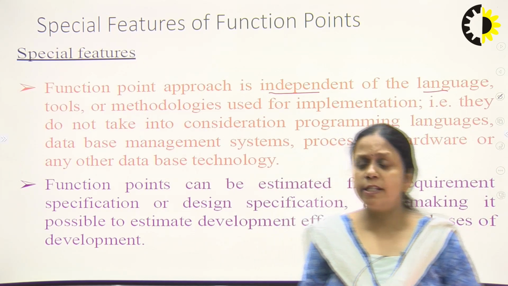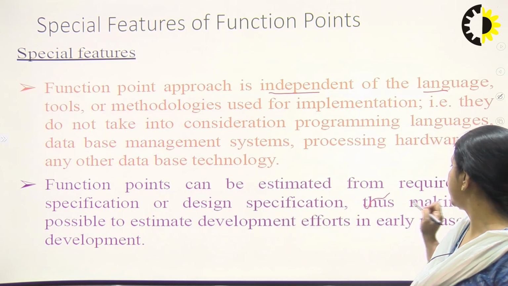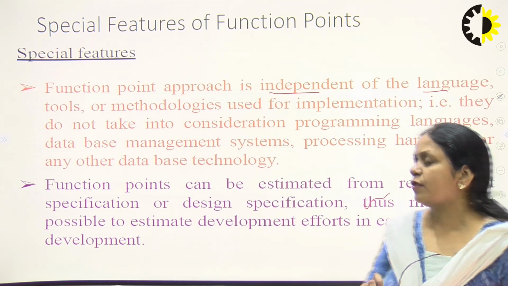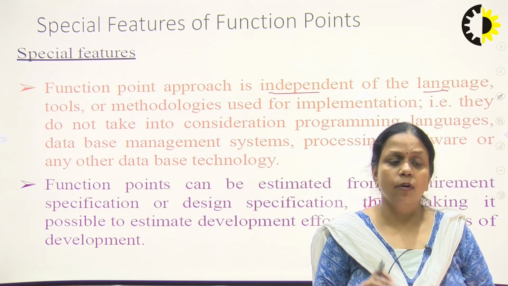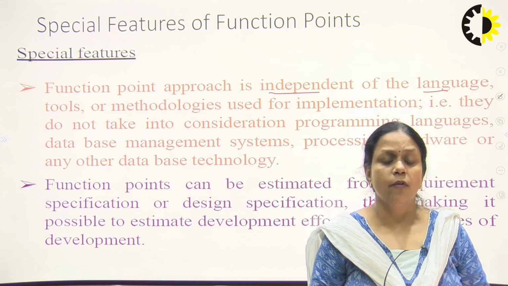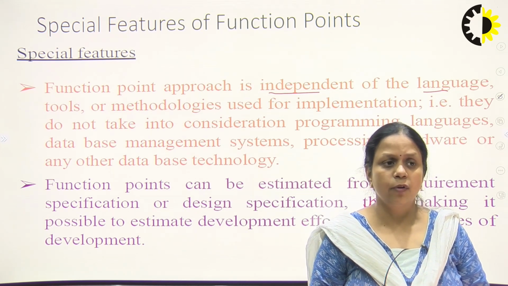Function point can be estimated from the requirement specification or design specification, thus making it possible to estimate development effort in the early phases of development. So, function point can be calculated when you do not have the code of your system, when you have only the design or only the requirement specification. Then also we can start to calculate function point.